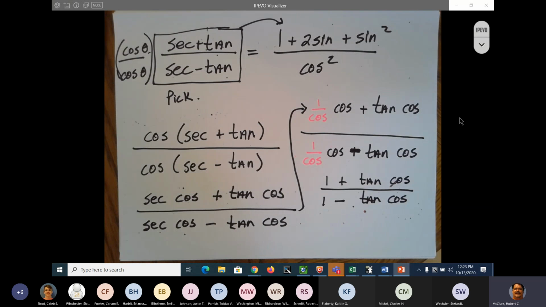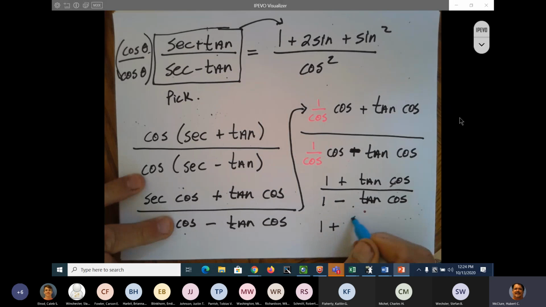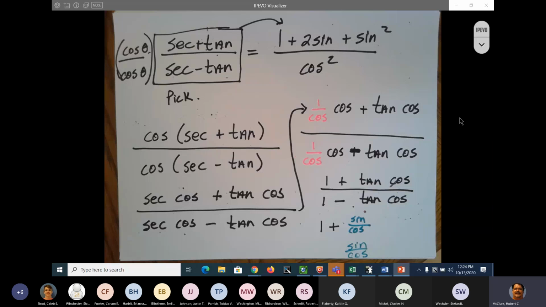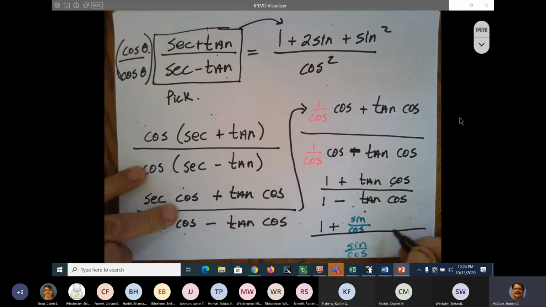And now you can put everything in terms of sine over cosine. So 1 plus, I'm going to use another color, this turquoise, sine over cosine times cosine, over 1 minus sine over cosine times cosine.